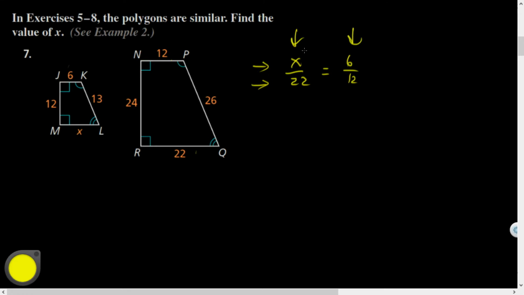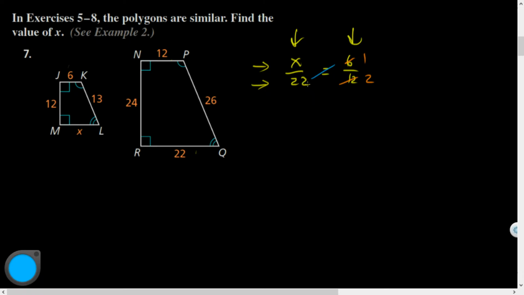So when you set up a proportion, there's a whole bunch of different ways you can do it. But there should be similarity for each column and row when you have that set up. It's not a bad idea to reduce this fraction. 6 goes into 6 once and into 12 twice. And then cross multiplication. If you want something that works every time, you can cross multiply. 2x will equal 22.